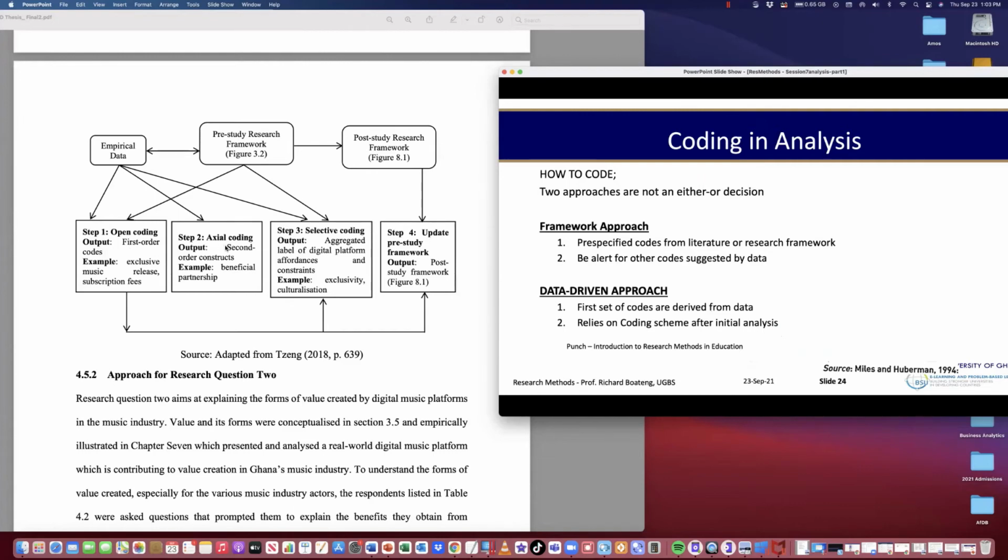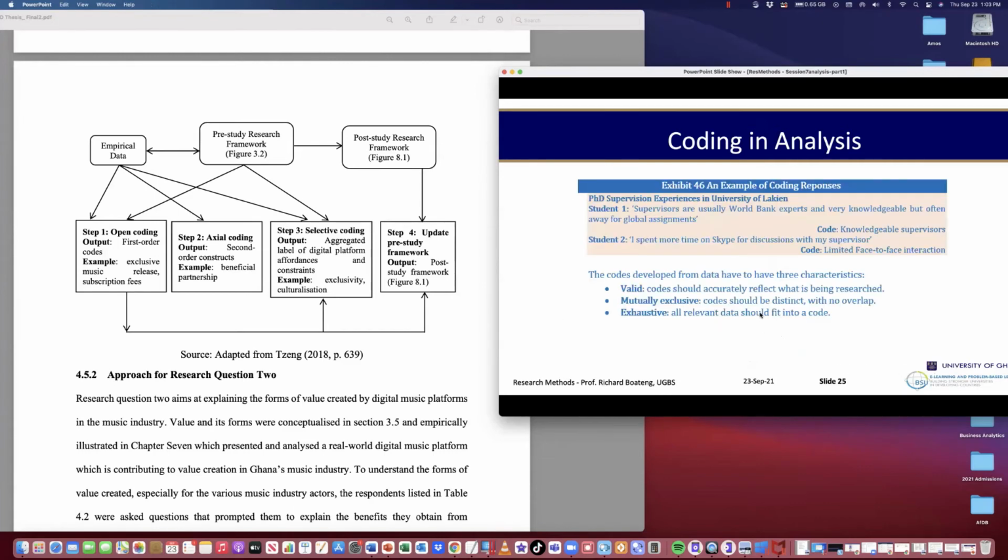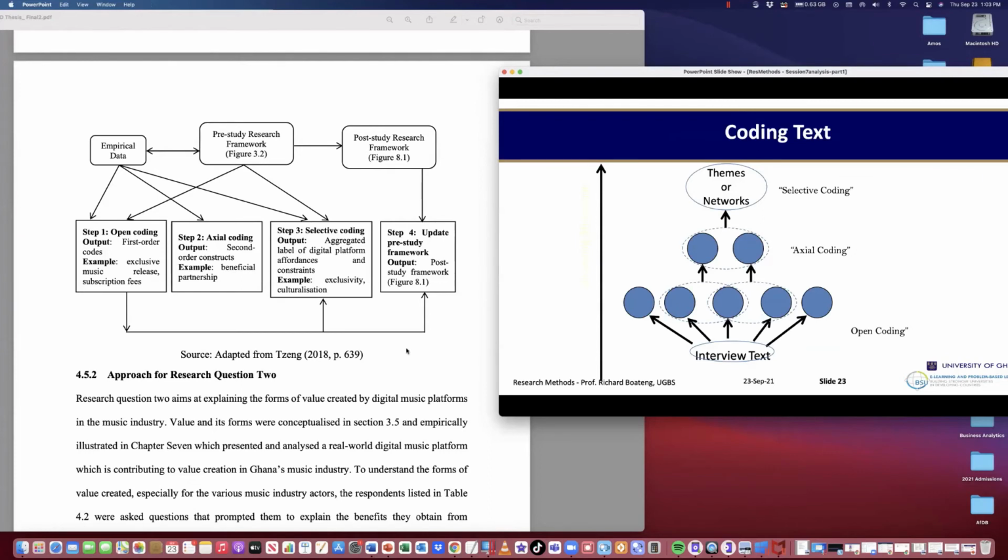Then number 2, axial coding. What is the output of axial coding? Second order construct. Good. The selective coding output is the aggregate of what you have found. Then from there, you update your pre-study code. That's what you suggest as your finding.